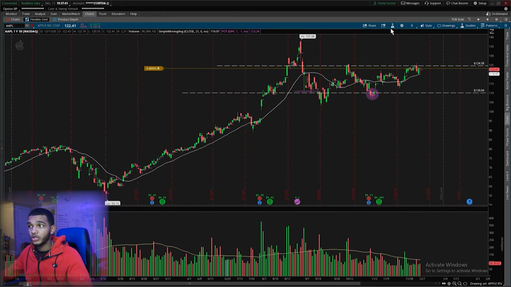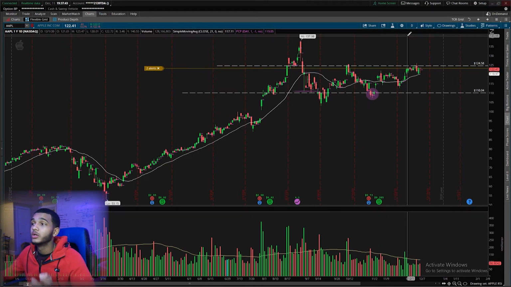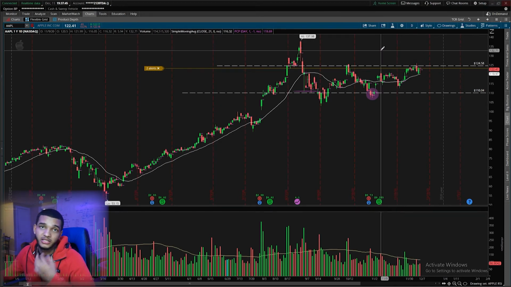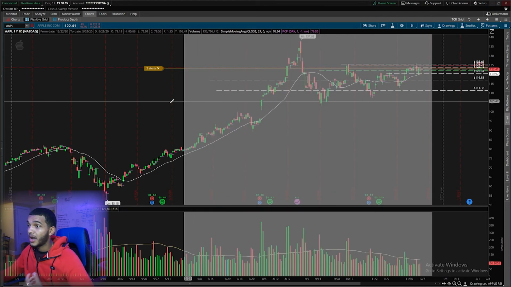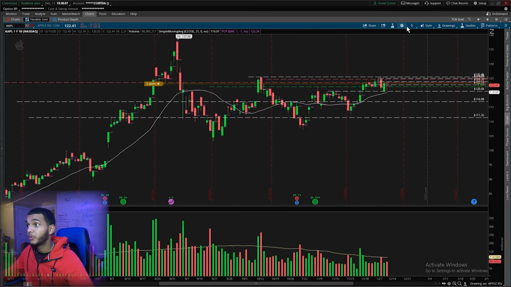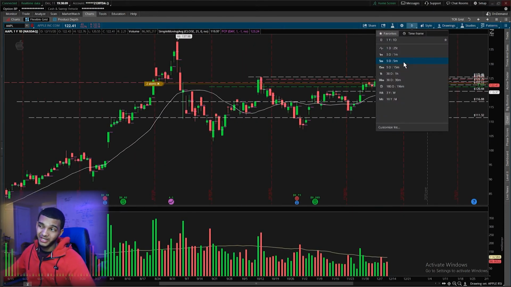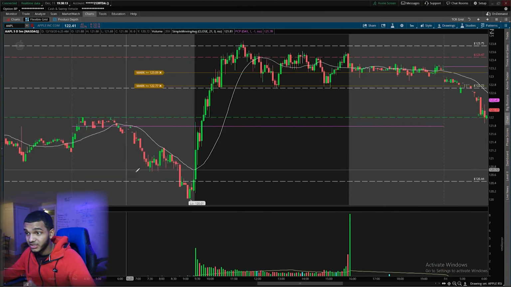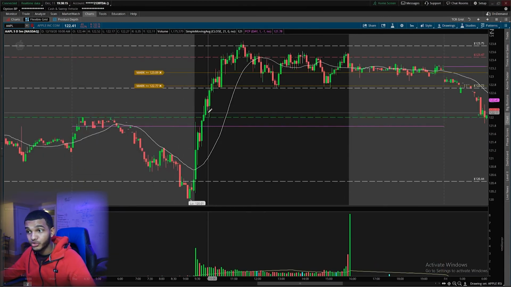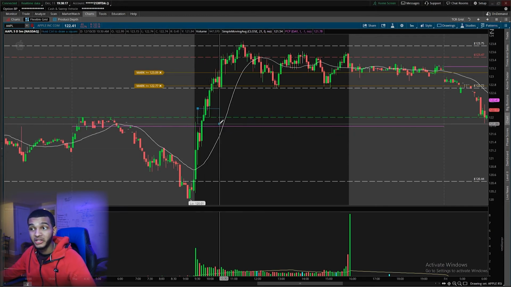Okay, so you're going to do this all the way up to the 5-day 5-minute, and this is what you're going to have when you're done. Okay guys, so you'll be left with something like this. Obviously it looks like a lot of lines, but when we zoom into our 5-day 5-minute, where we're going to be day trading, you guys can see how some of these levels are lining up literally perfectly.